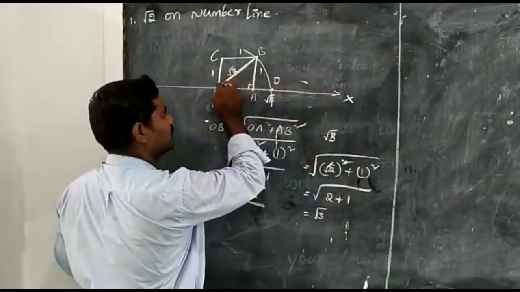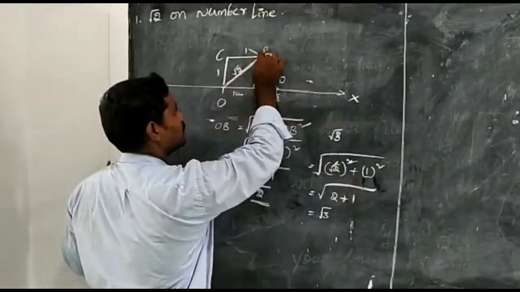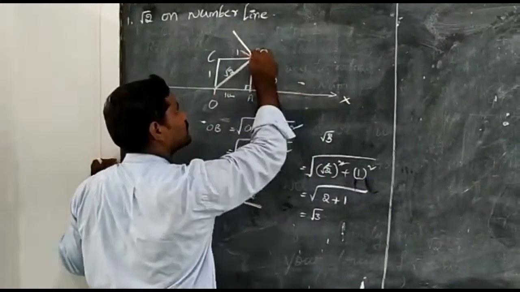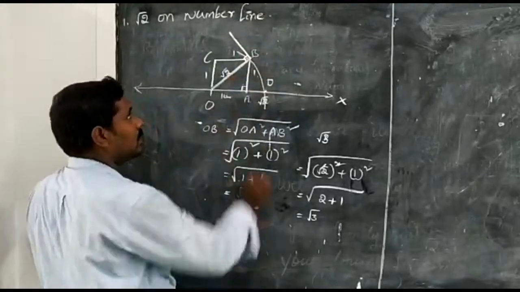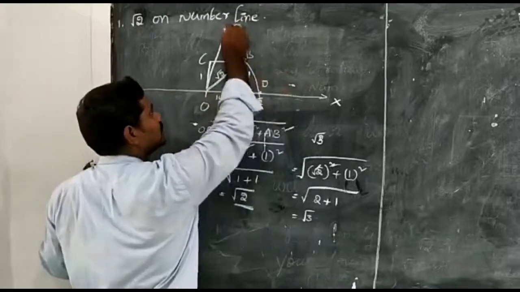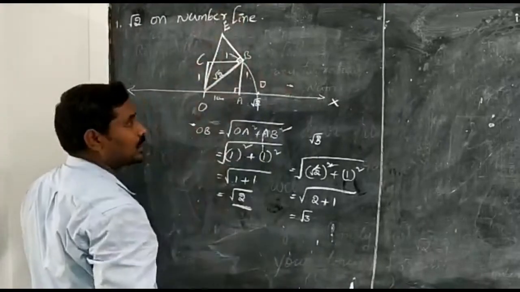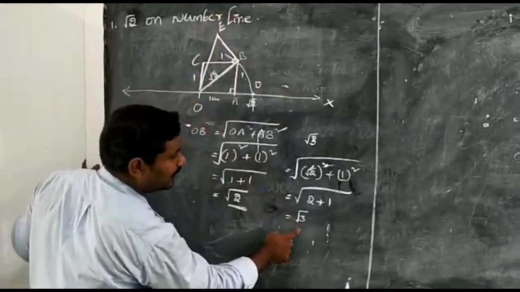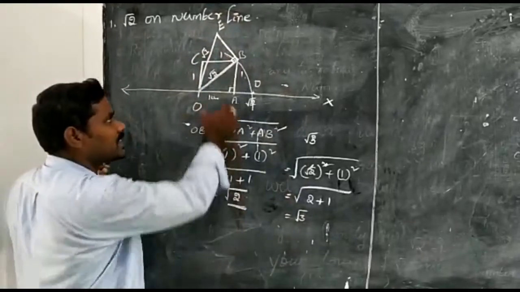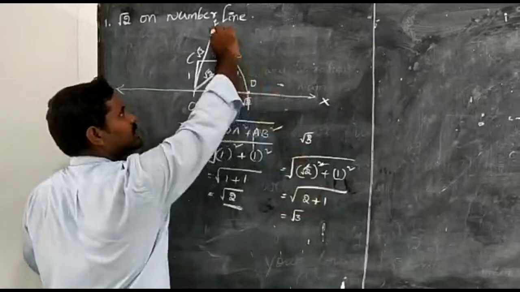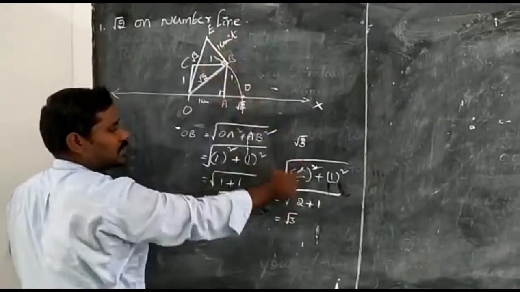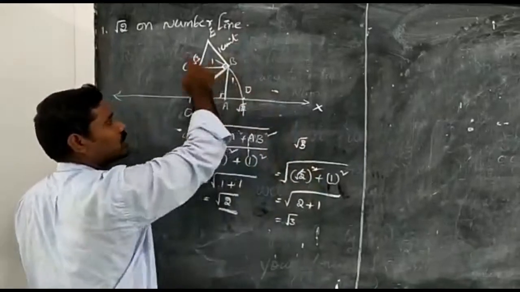From here you have to draw one perpendicular line. Now it is perpendicular. Now it is the diagonal. Now it is E. Now what is the OE length? Already we found it. It is root 3. Why? Because it is root 2 and it is 1 unit length: 1 unit square plus root 2 square, then we get root 3.